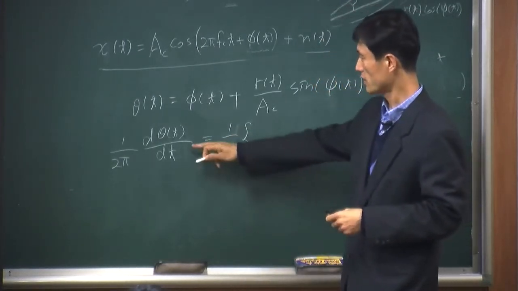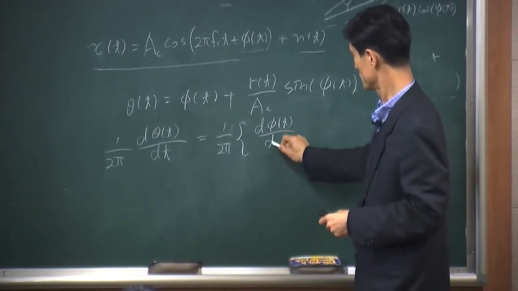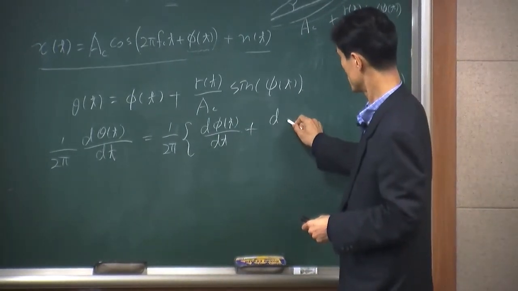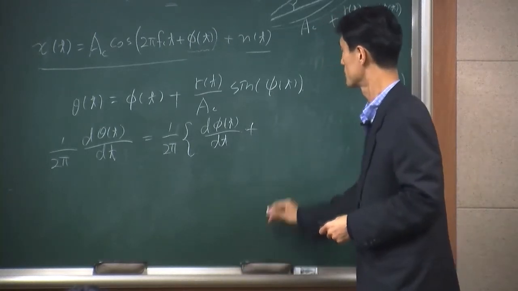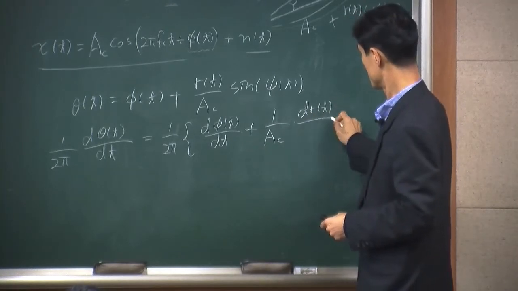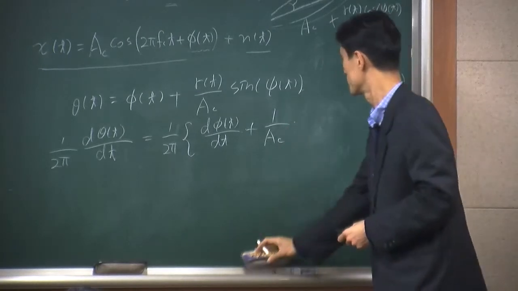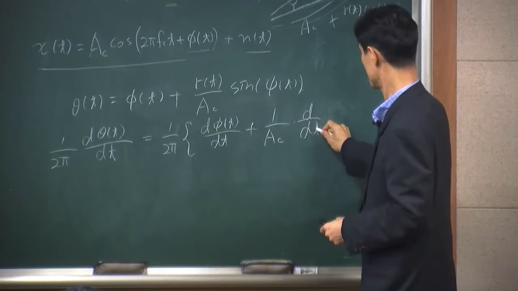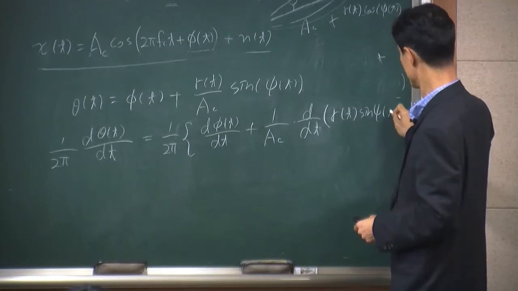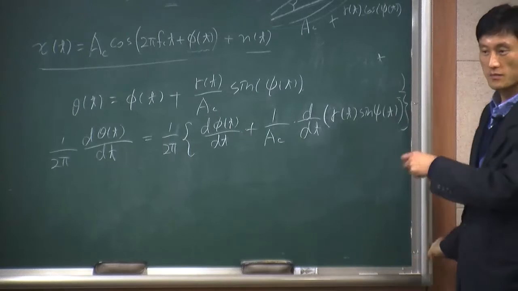In that case, we're going to take the time derivative of this one, simply, plus the time derivative of this. Something like that, right? Yeah, you're going to get something like that.